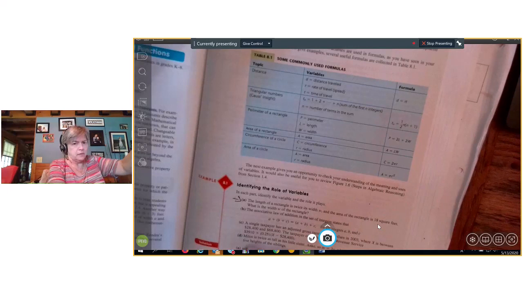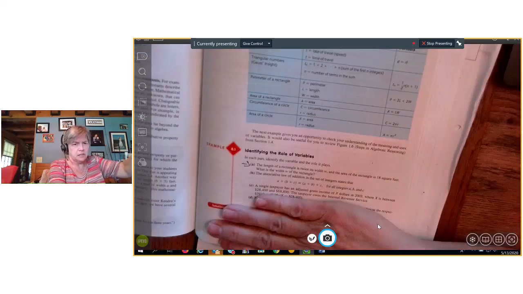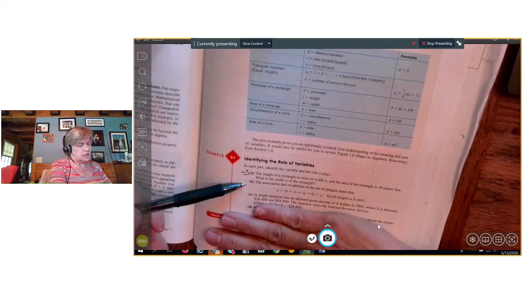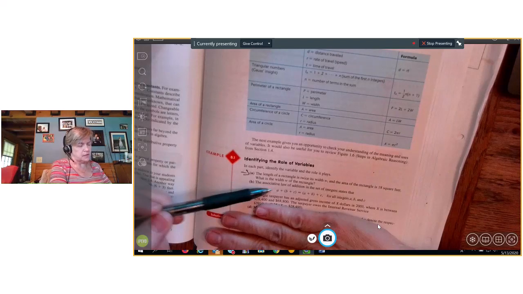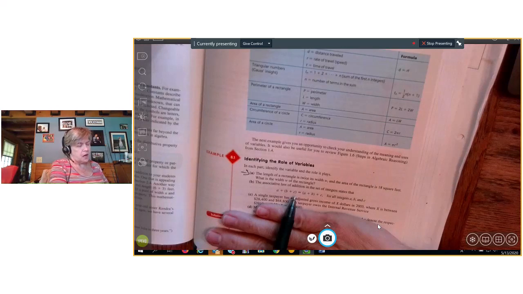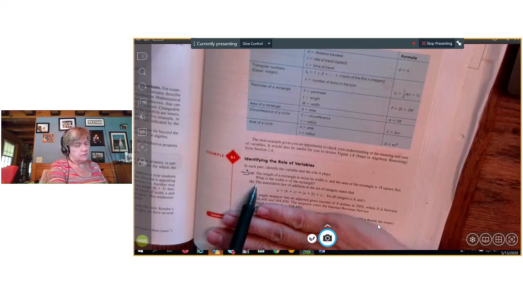and the next problem down says the associative law of addition in the set of integers states that a plus (b plus c) is equal to (a plus b) plus c, for all the integers a, b, and c.